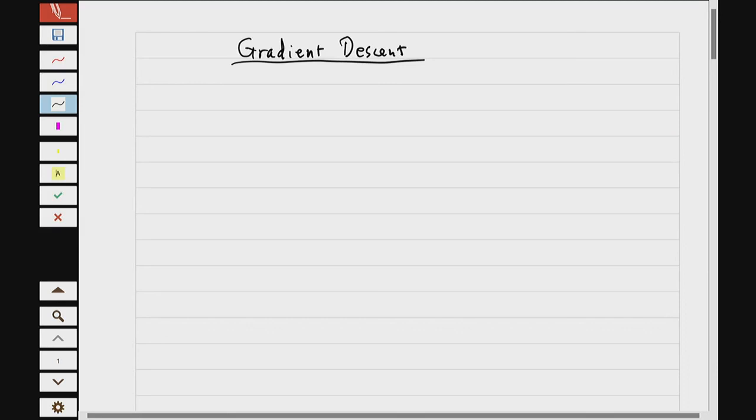If you have seen any machine learning at all, you will have heard of gradient descent. It's one of the most commonly used optimization algorithms. So what is it? We use it to minimize a differentiable function so that we can have a gradient.